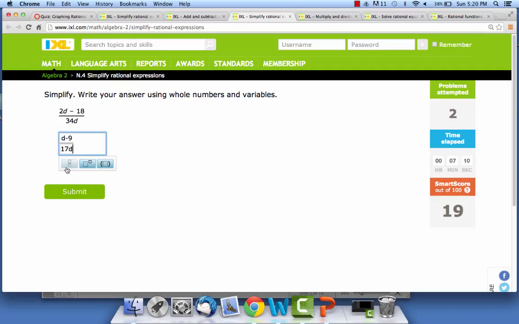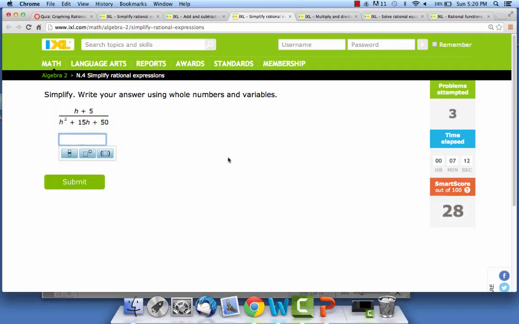Don't get canceling those d's now. Okay, so this top part can't factor, so we're going to go for the bottom part there.